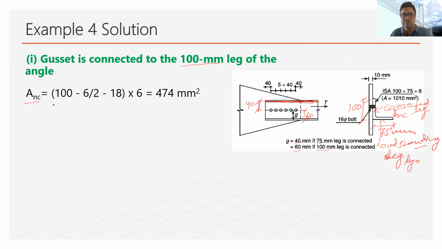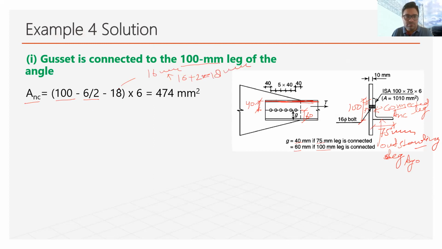So ANC will be the length of the longer leg, which is 100 mm, minus half of the thickness, minus the hole. So this hole value will be 18. How? Because we are using a 16 mm dia bolt, and for a 16 mm dia bolt, the hole dia will be 16 plus 2, which is 18 mm.